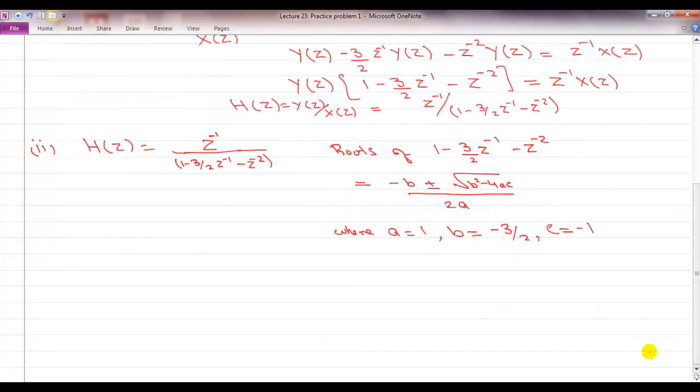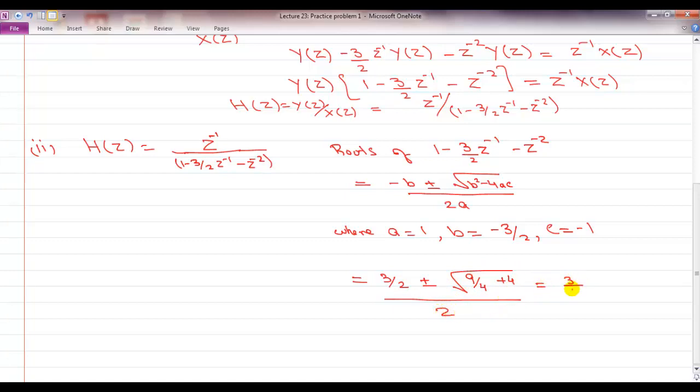So you plug that in and you get your roots to be 3 halves plus minus the square root of 9 by 4 minus 4 times 1 times minus 1, that's plus 4, over 2 times 1, that's 2.